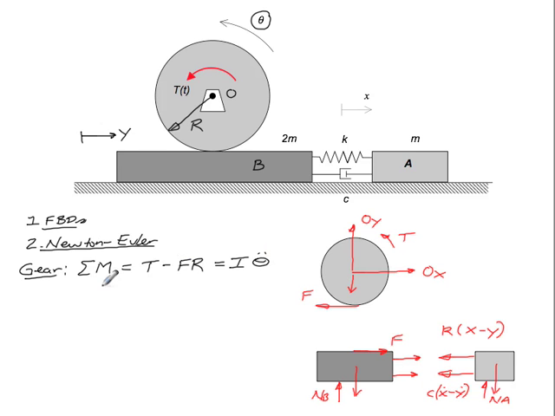From this, I'm going to say that F, the contact force, is equal to T minus the mass moment of inertia about O times theta double dot, divided by R.